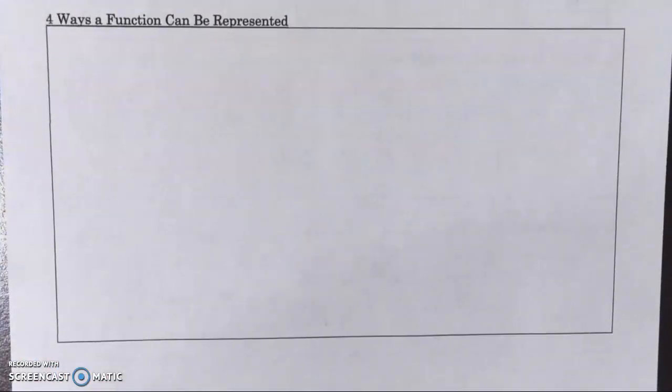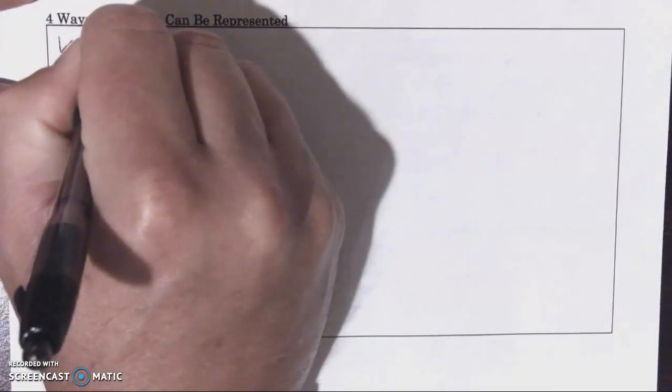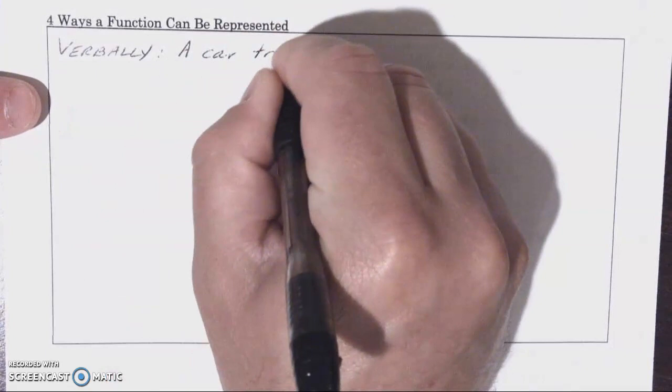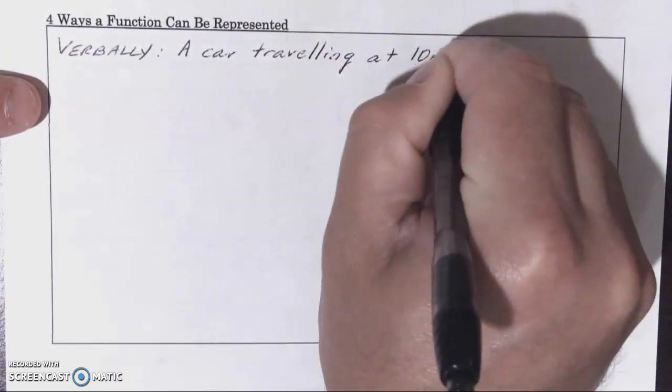Last thing we'll talk about in section 2.1, and then we'll do examples of all of these when we get to class, is the 4 ways a function can be represented. A function can be represented verbally. Very simply, a car traveling at 10 miles per hour.